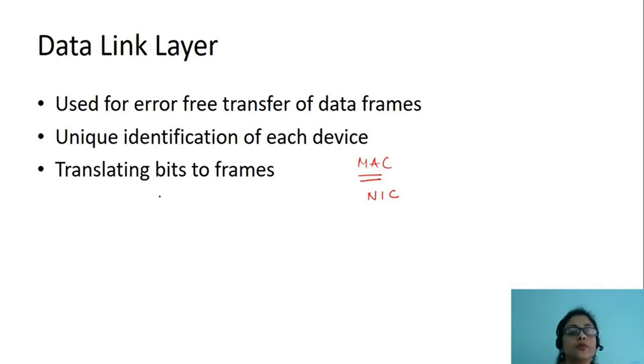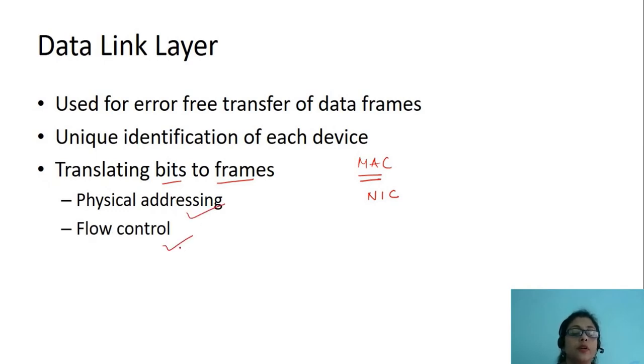It is also useful for converting the bits to frames if you think of the receiving computer. So in short, data link layer is used for physical addressing, also used for flow control, but in this case flow control happens from one node to the other node and not end to end.